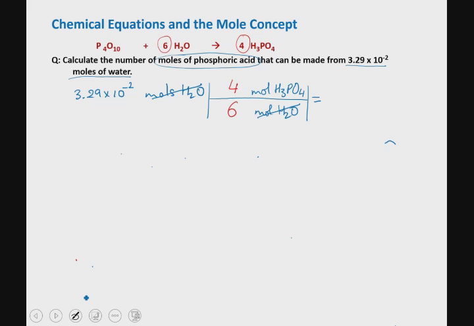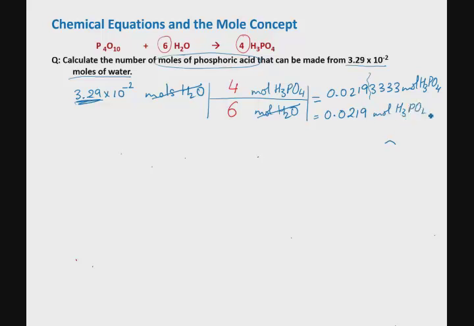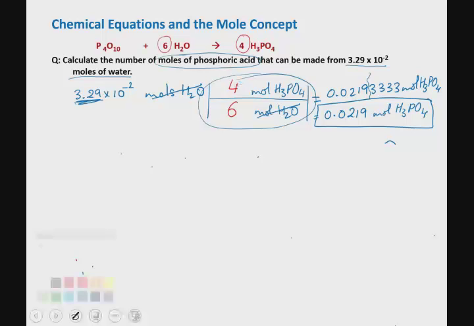When you do the calculation, we get 0.02193333 moles of phosphoric acid, which should then be rounded to 3 significant figures and therefore gives us 0.0219 moles of H3PO4. So once again, the coefficients in a correctly written and correctly balanced chemical equation give us the molar ratio between all the substances involved in that process.